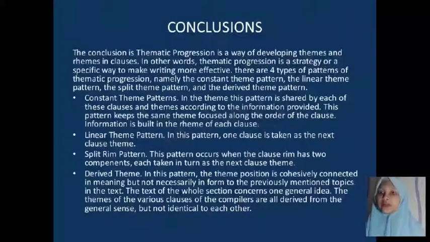In this pattern, the theme position is cohesively connected in meaning but not necessarily in form to the previously mentioned topics in the text. The text of the whole section concerns one general idea. The themes of the various clauses are all derived from the general idea, but not identical to each other.